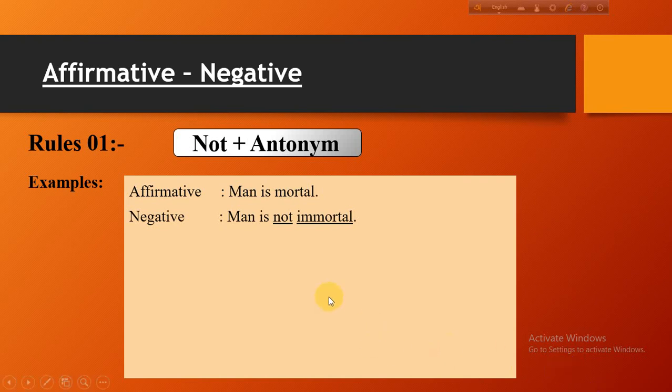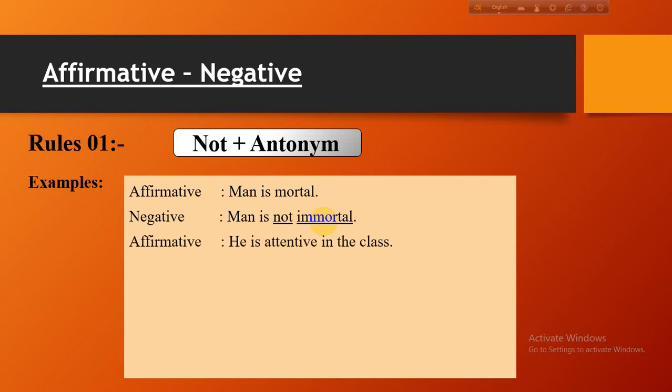So here we have to use not and we have to use the antonym of the modifying word. That's why in short we can say not plus antonym. Let's check some more examples.